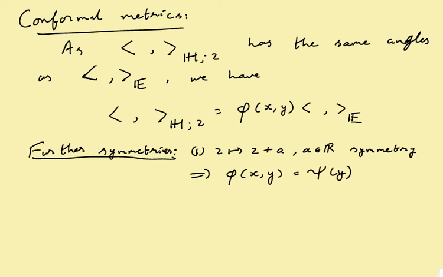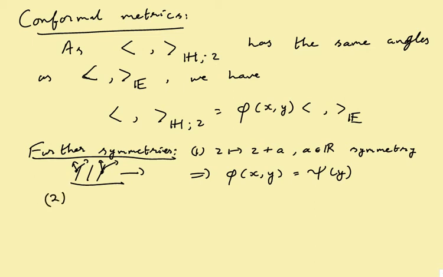Because we have horizontal translations, if I take a pair of vectors here and look at their inner product, or I translate them and look at the inner product of the translated pair, these two inner products should be the same. In one case it is the Euclidean inner product multiplied by phi at this point, and in the other case phi at this other point, and since they're equal, the scaling factor should be independent of x. It's only a function of y.